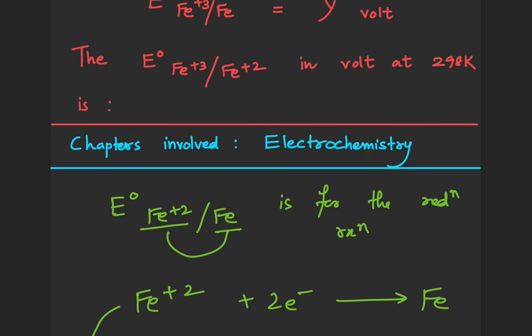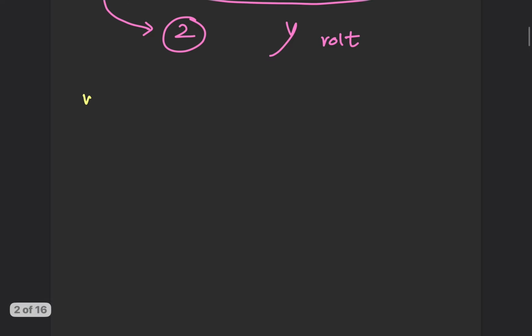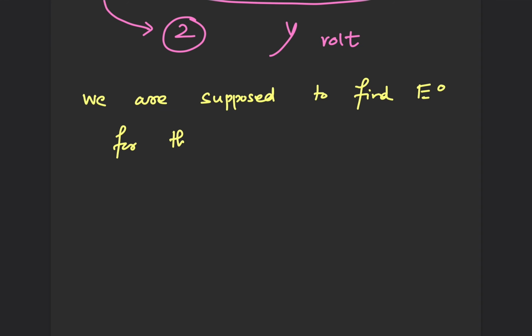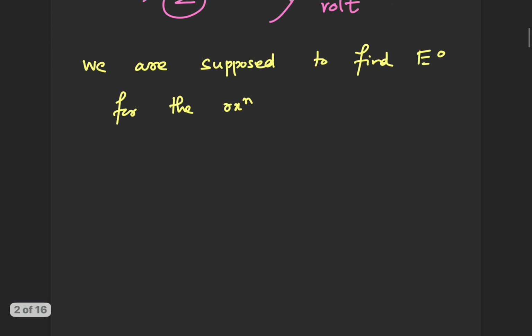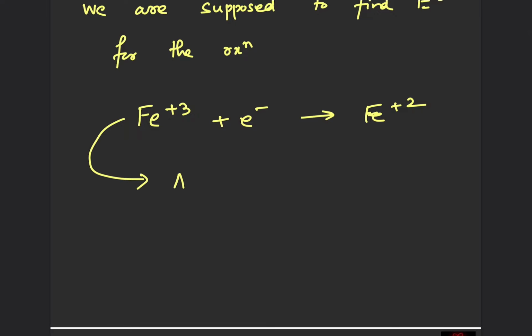Okay, so we are supposed to find E naught for the reaction Fe+3 gaining 1 electron to give us Fe+2. Let us say this is our aim reaction, and we are supposed to find how many volts are involved in this particular cell reaction.